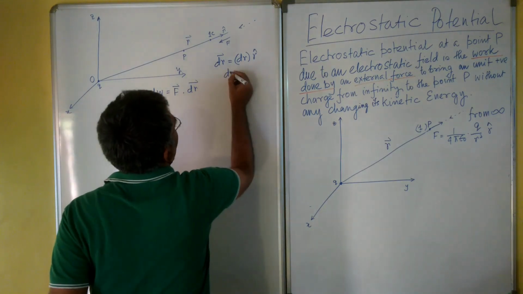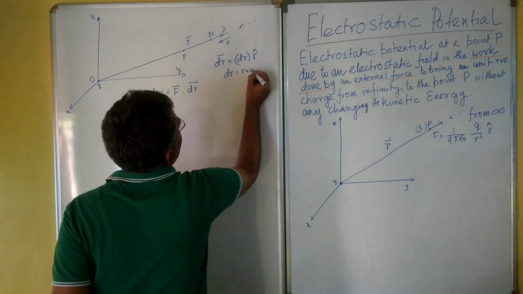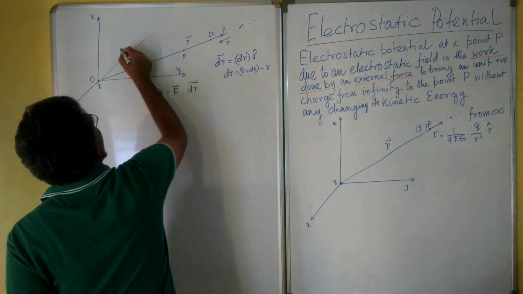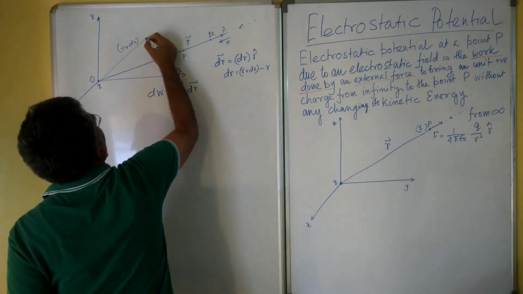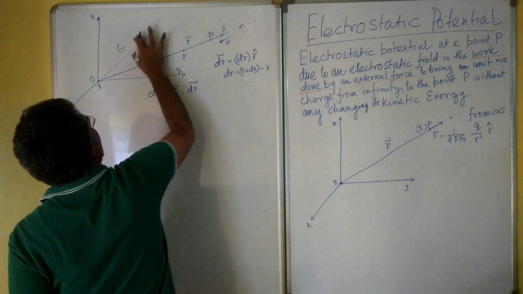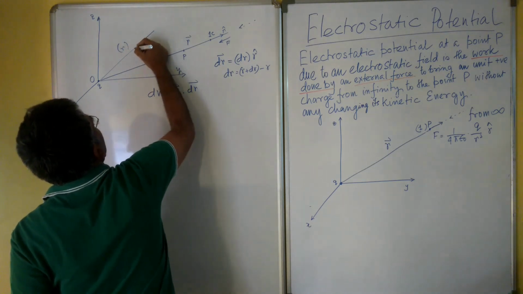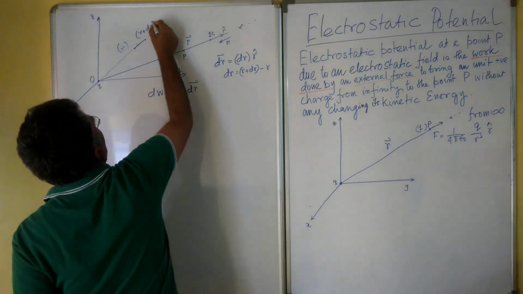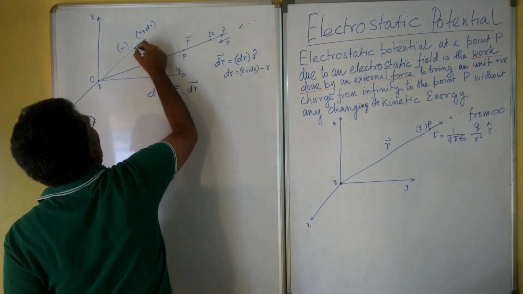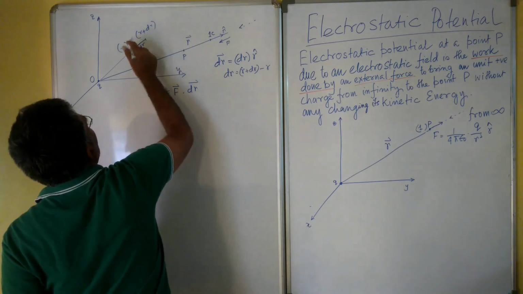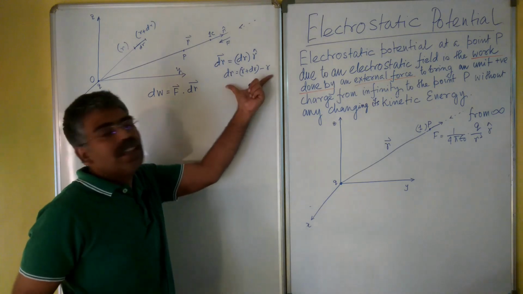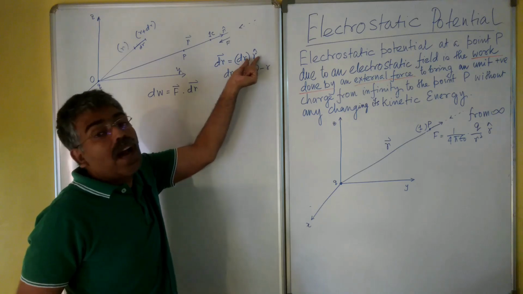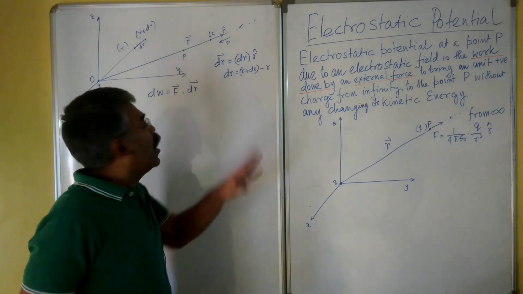So dr is r plus dr minus r. Suppose this position is r, and, exaggerating a little, this position is r plus dr. This length is dr, the scalar dr, and the vector dr is dr times r cap, radially directed outward.